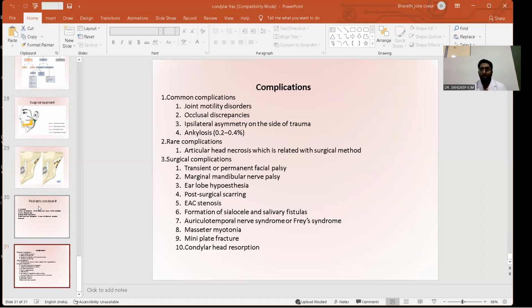If we do a classical submandibular approach, earlobe hypoesthesia, damage to the auriculotemporal nerve, and post-surgical scarring of the previously treated surgical sites can occur. Then Frey syndrome, or gustatory sweating, is associated with damage to the auriculotemporal nerve. Then masseter myotonia because of spasm of the muscle immediately after fracture. Condylar head resorption can also be there if there is a deficiency of blood supply or excessive force acting on the condyle post fixation. So these are the anticipated complications for condylar fracture. So that's all about condylar fracture.